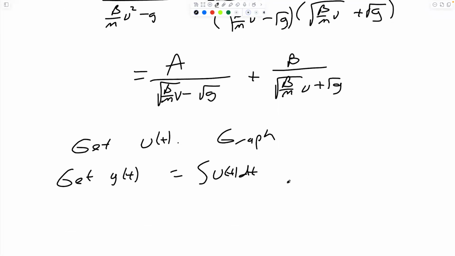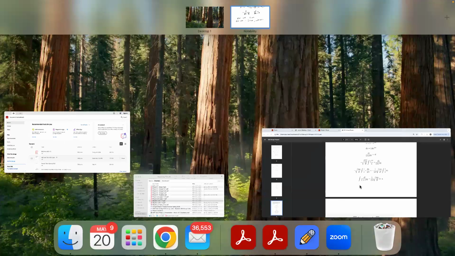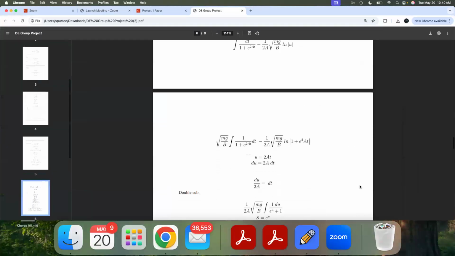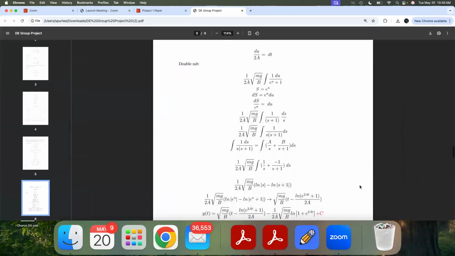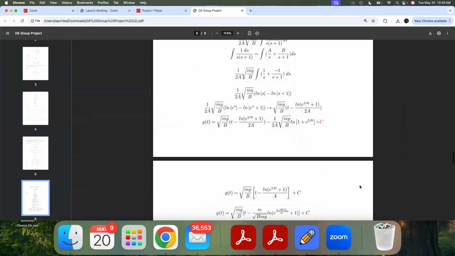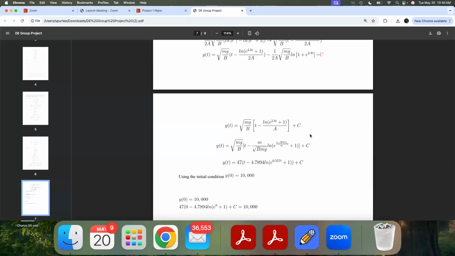And we have our initial condition with Y of 0 equals, and you know what, we'll use the same initial height that this other group used so that you end up getting the same numbers. You can see all their math here. Again, you're responsible to figure out all this math.